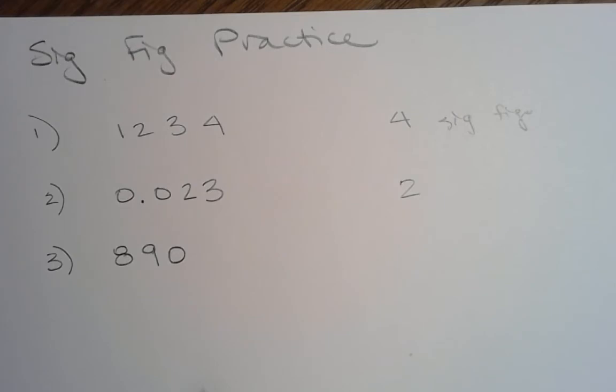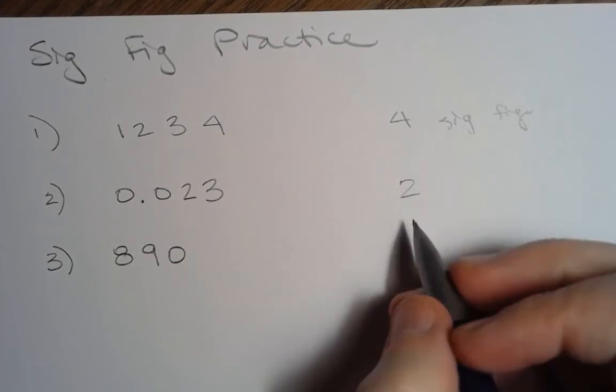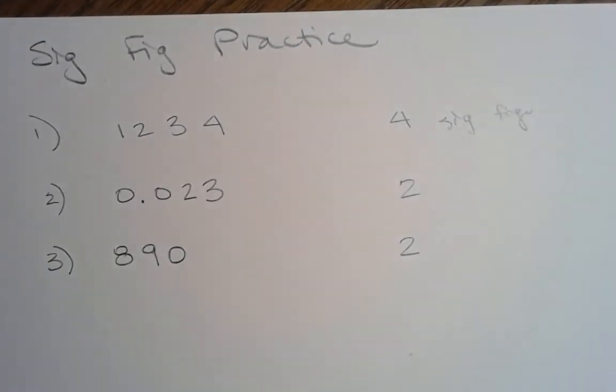There's no decimal. Therefore, this ending 0, it's at the end of the number, is an ending 0. Since there's no decimal, we're not confident. The tool knows that it's 890 something, but it can't see precisely enough to pick up on the ones place. So we have 1, 2 sig figs, and that 0 is not a significant figure.